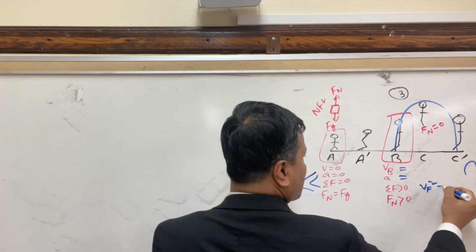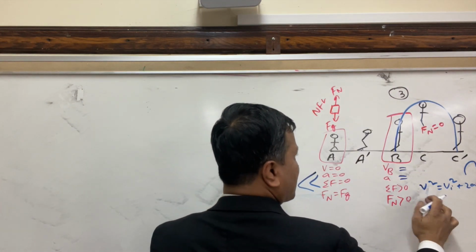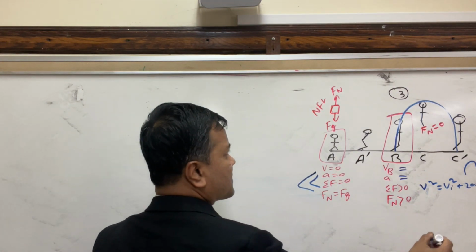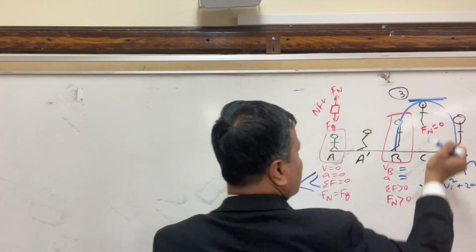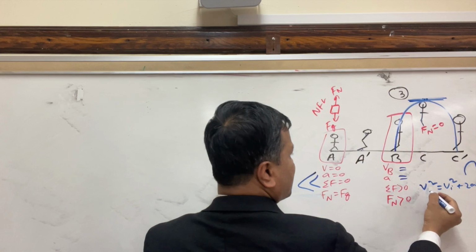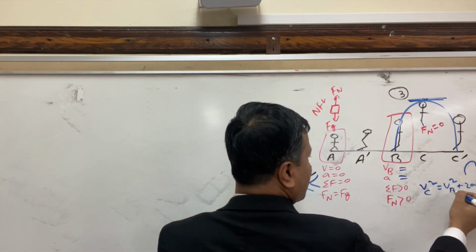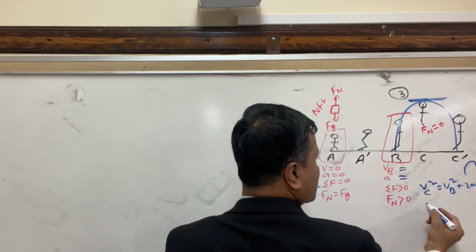Vf squared is equal to Vi squared plus 2ad. Of course, we're going to call this one the parabola. What location do you want to call it, location C maybe, I don't know, and this is location B. You want to find the velocity at location B. So good.